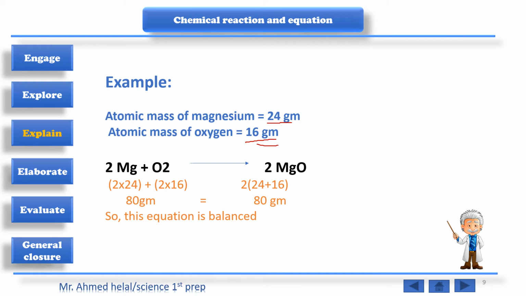All of this equals 80 grams. So 2 by (24 plus 16) equals 80 grams. So we have 80 grams in products, and 80 grams in reactants and 80 grams in products. So the equation is balanced.